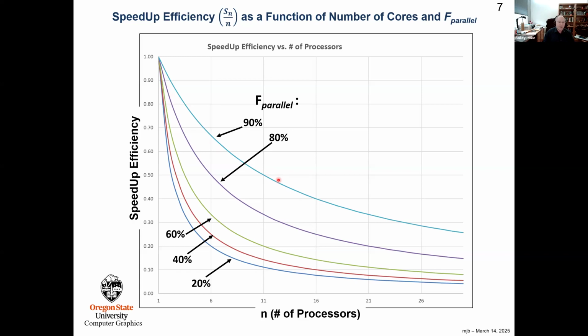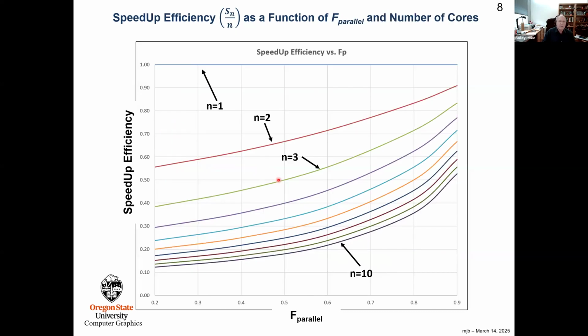Okay, that Amdahl's law curve is flattening out. Again, this is just the reality. This is a little bit of a dismal story because you can't simply throw more cores at things and expect to double your performance with twice as many cores, but it is reality. Yeah, we can invert this graph as well.